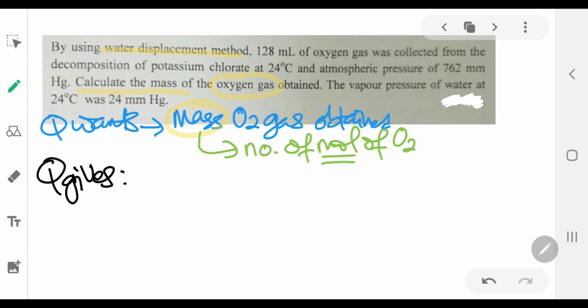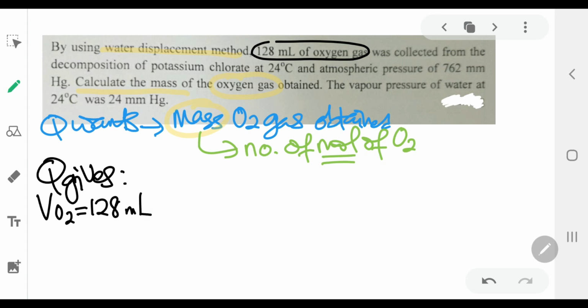So over here, when I extract the information, I know that we have the volume of oxygen gas, which is right over here. So that is 128 mL.